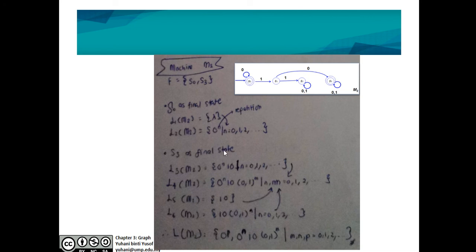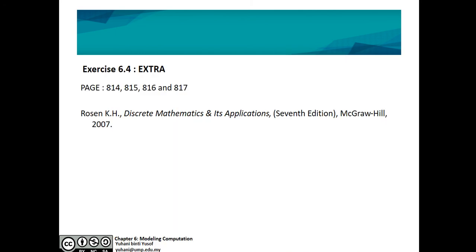I just changed this n to p because I don't want to confuse you with this n. This one we just keep the same, n and m. This one I just change to another variable, which is p. The combination of this one and this one is the language generated by this machine, where m and p start from 0, 1, 2 until infinity. I hope by this explanation you are clear about the language generated by this machine.